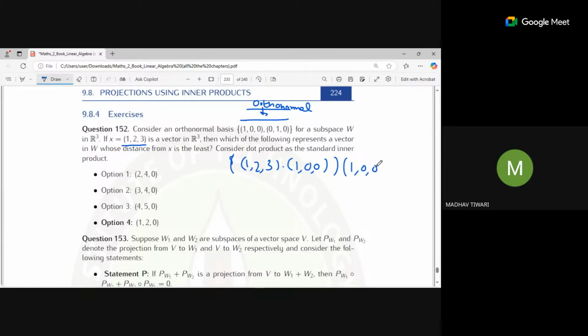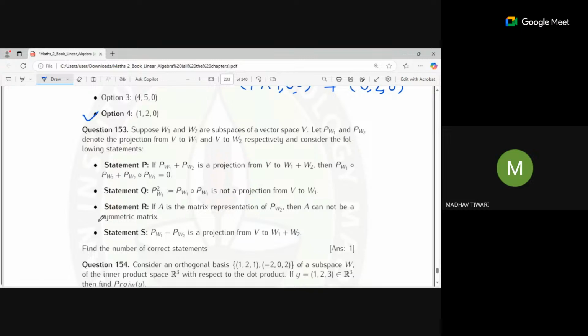This dot product will be nothing but 1, multiplied by 1, 0, 0. Next I will find its projection on this vector, and that will be nothing but 2, times 0, 1, 0. If I add these two, I will get this one.